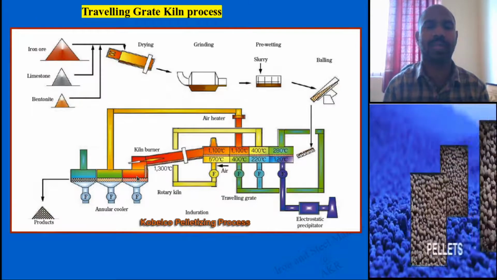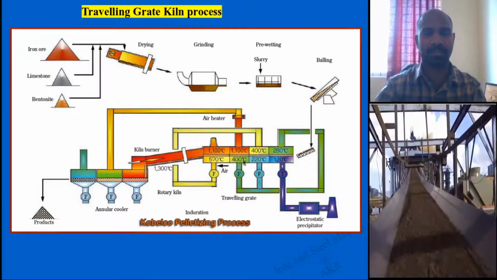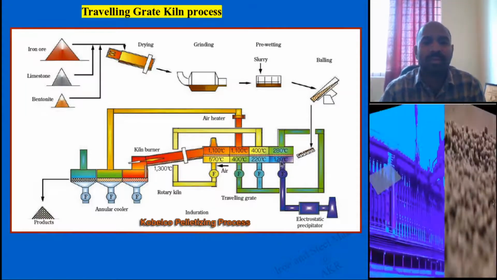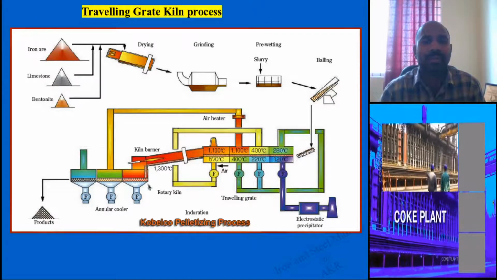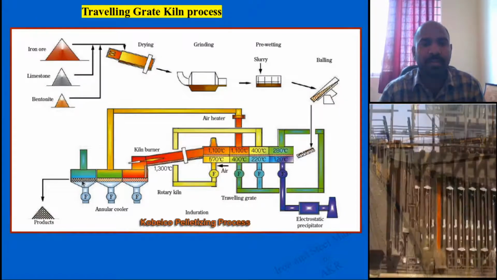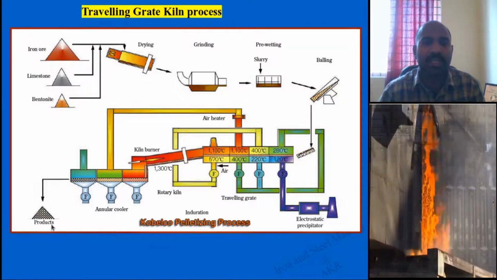Initially it is cooled to a temperature of 400, then to 570 degrees, then it comes to 120 degrees Celsius, stage by stage. Finally it comes to room temperature. You take out the hardened green pellets.